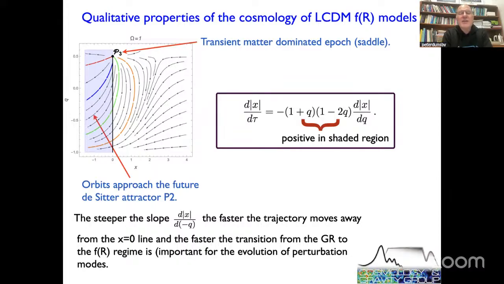And only in recent times, only in the current epoch, in the dark energy dominated epoch, should we have deviations away from general relativity which manifest themselves as dark energy and accelerate the universe. So now you can basically choose initial conditions in such a way that you get exactly the orbit that you want.